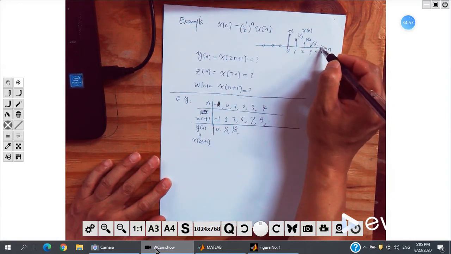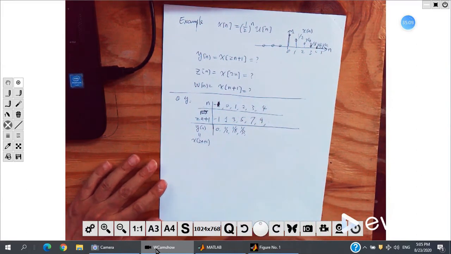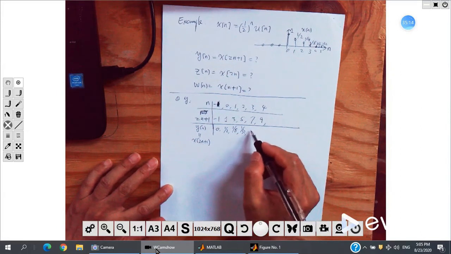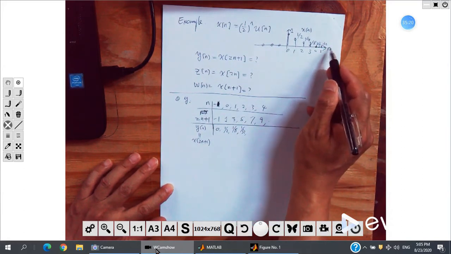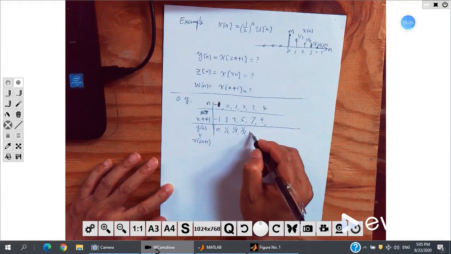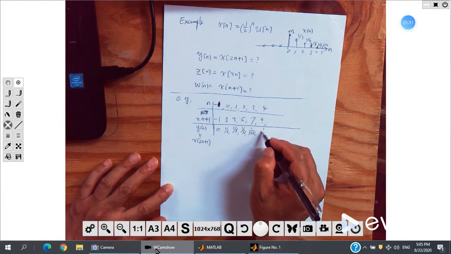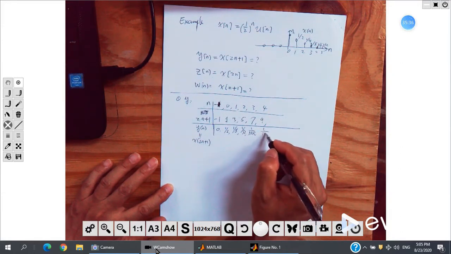So this is 1/8, so next will be 1 over 32. If you want, you can have more: go 2 more steps, so 1 over 128, then 1 over 512, and so on.